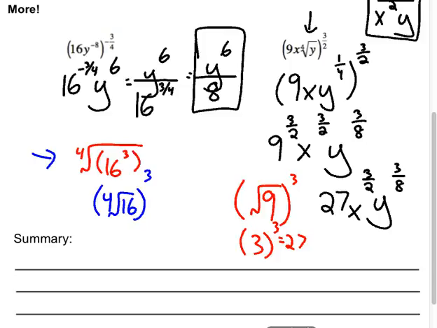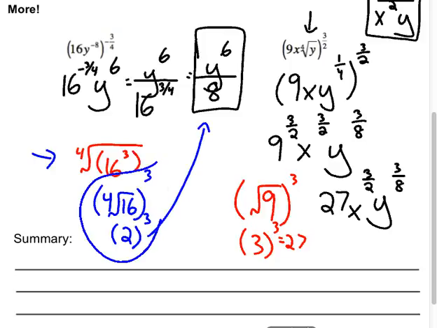Well, now the fourth root of 16, you can look on your chart, is just 2. Exponent of 3, 2 to the third, still gives me that same 8. So the order you do those two things doesn't really matter, but probably I'd say this method is easier because you're dealing with smaller numbers along the way.